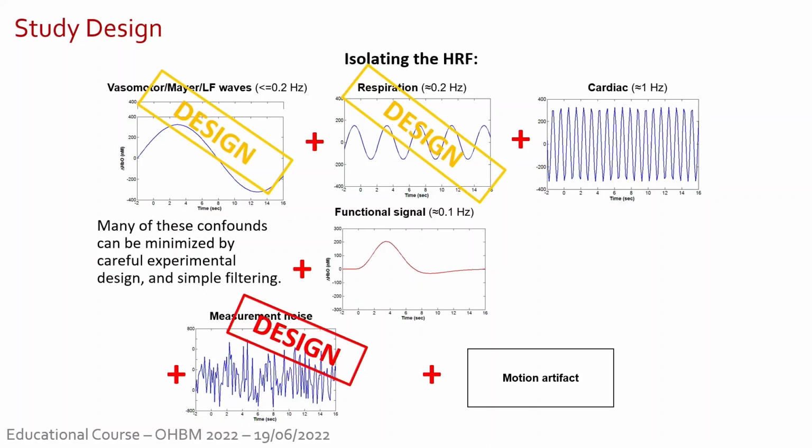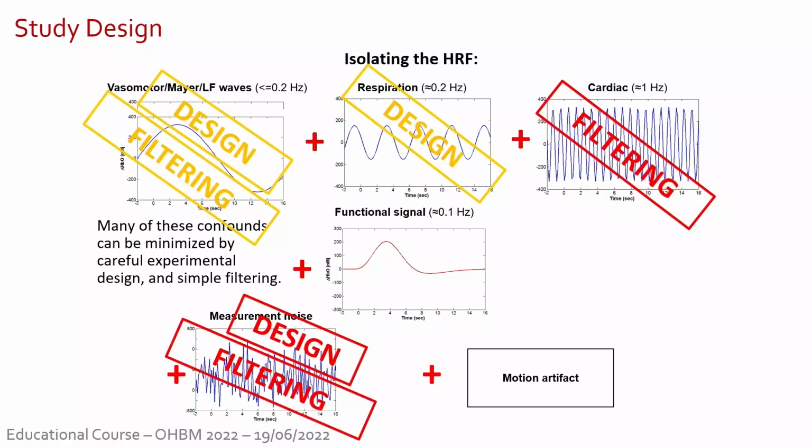For example, respiration, vasomotor waves, and measurement noise can be avoided with a good design, and the rest will be taken out with filtering. So talking about stimulus presentation, how can I avoid, for example, respiration affecting and being on top of my HRF?